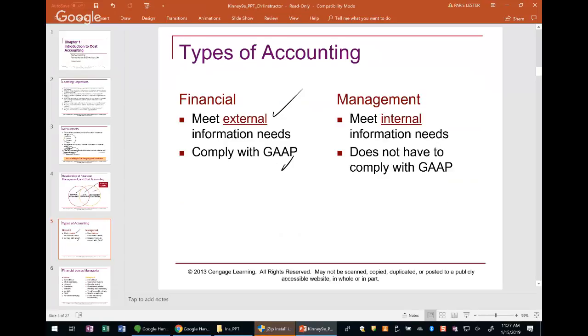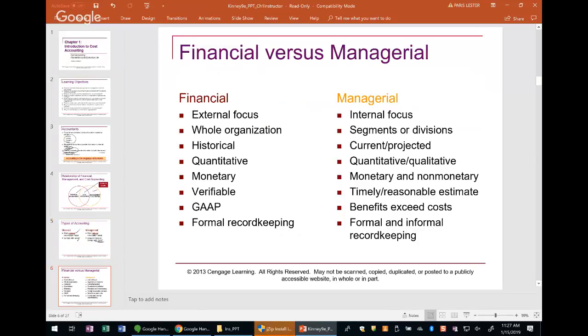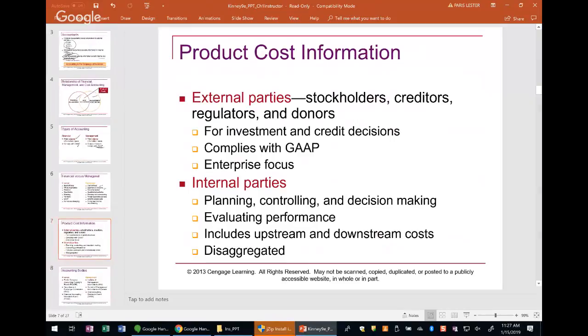Now here, managerial accounting does not have to conform with GAAP. Some things in cost does. All right, we're going to focus on internal and on segments and so forth. We'll look at that later. Internal parties, here's some of your old management terms: planning, controlling, decision making.